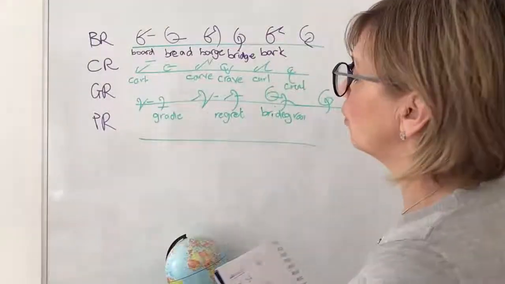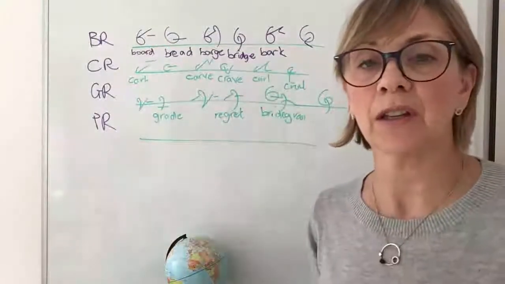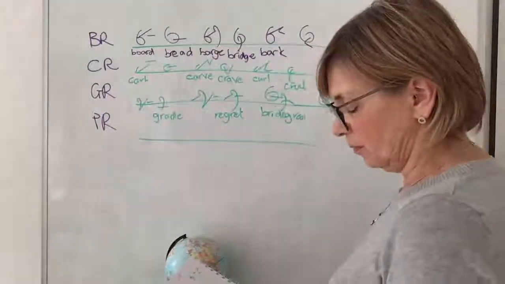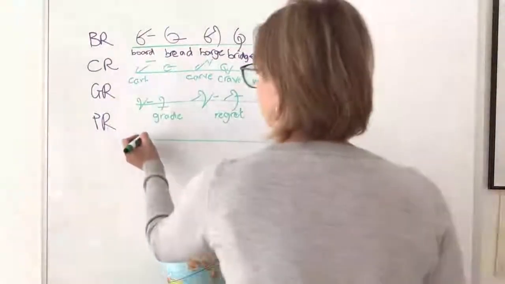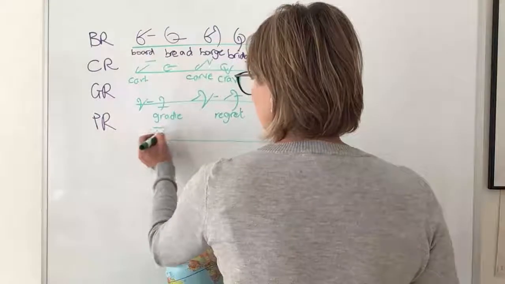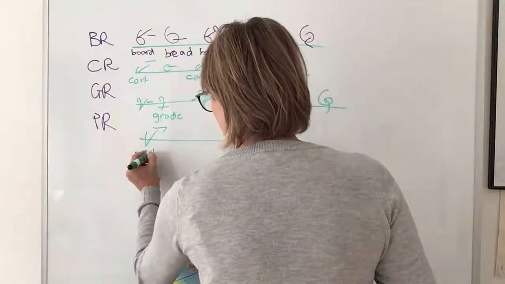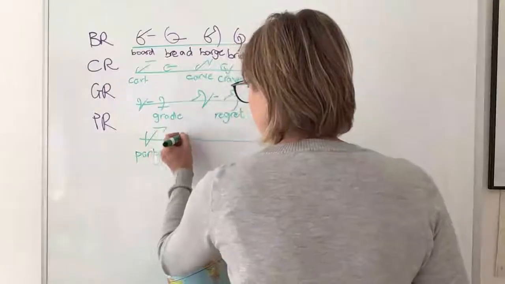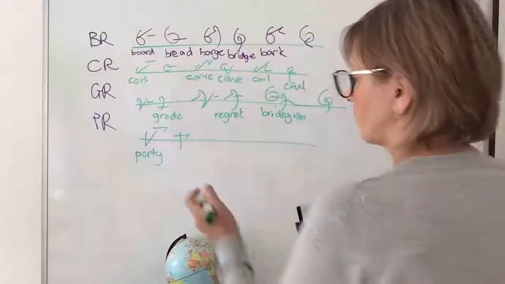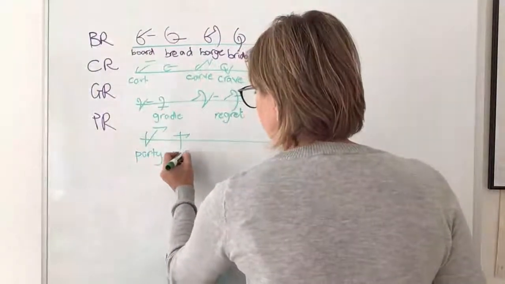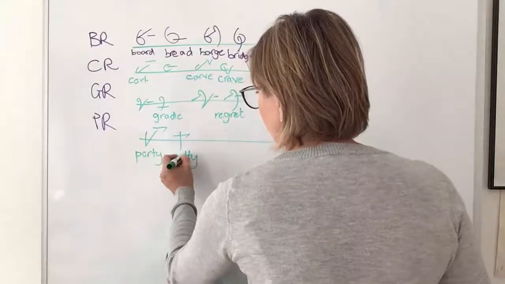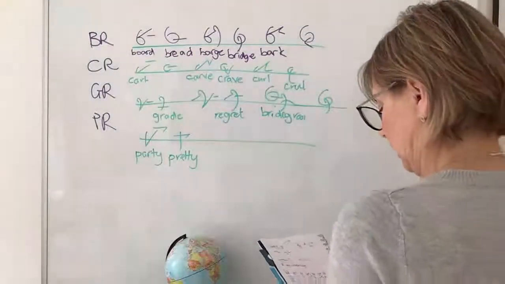And finally PR, which sometimes, because of the nature of the vertical P, you sometimes need to do it next to it, otherwise it's very nice to just easily do it through. So party, but pretty. TTI for Y through it, pretty.